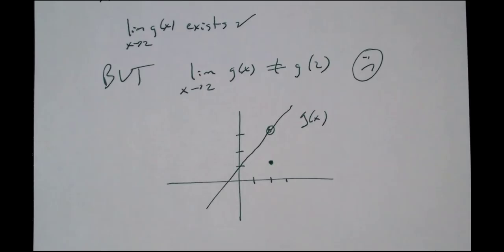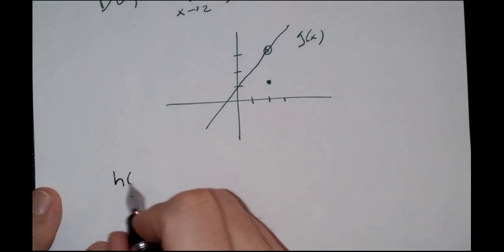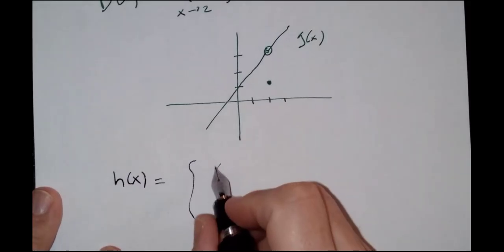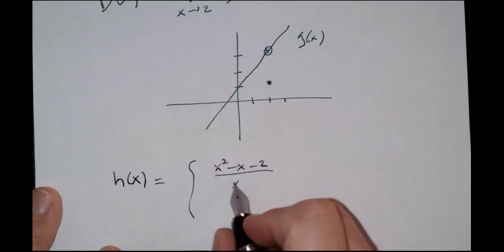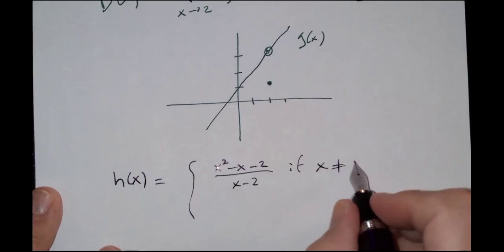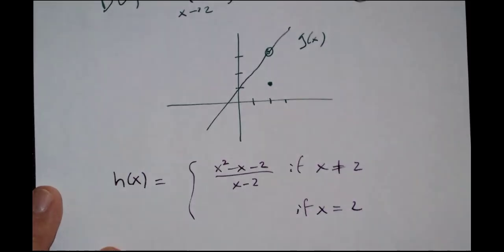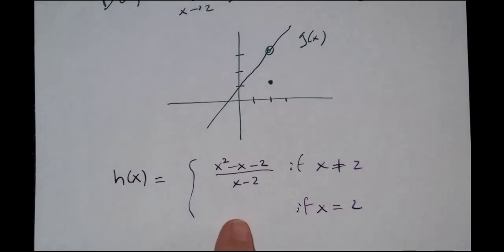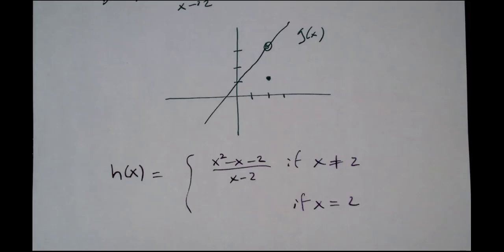Move what? I want to move something, but what's the thing I should move? I'll define a new function, h of x. I need to fill in this spot so that I fix it, so that I make the limit and the value match. What's the right thing to put here? It should be 3.